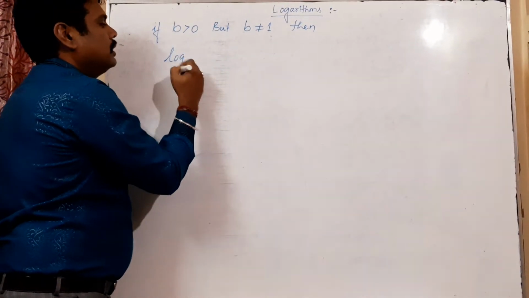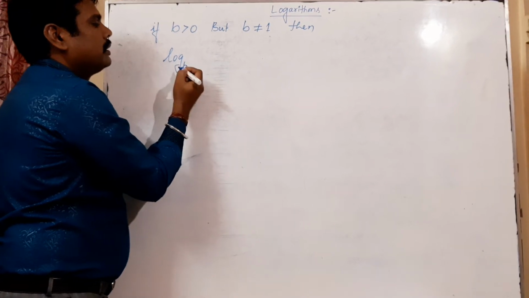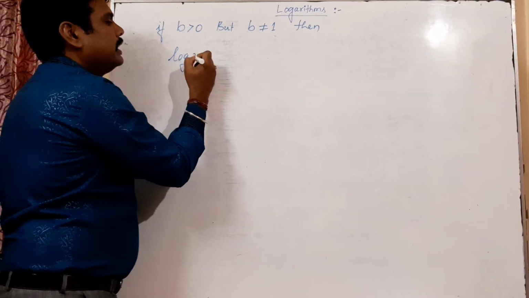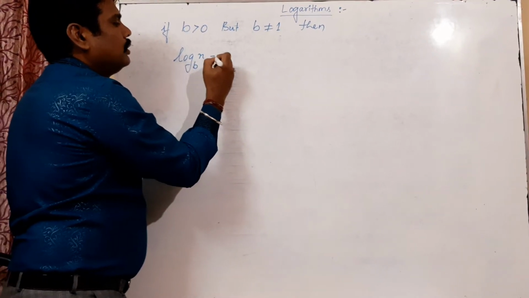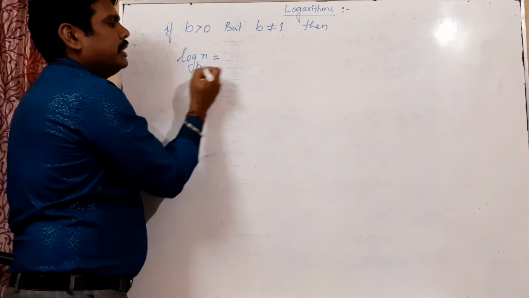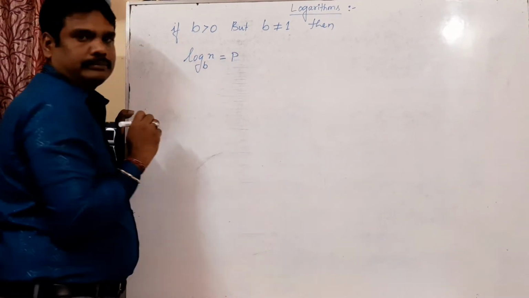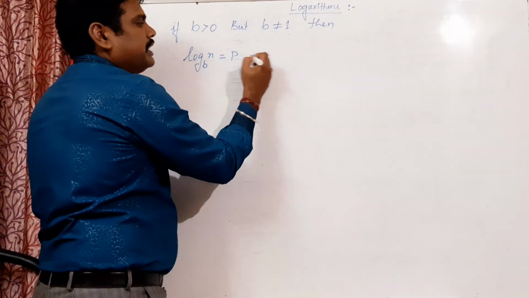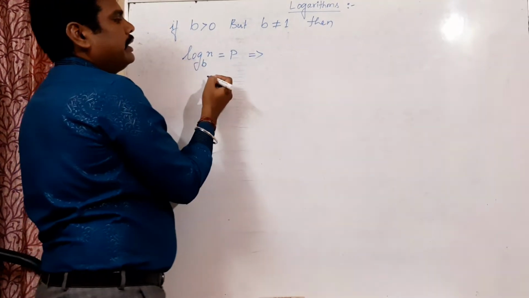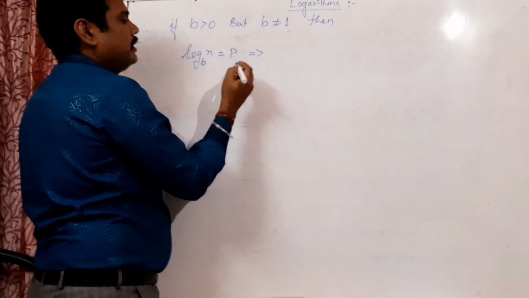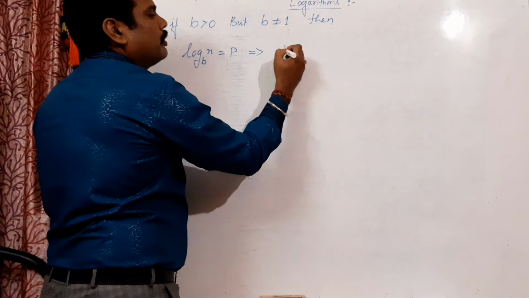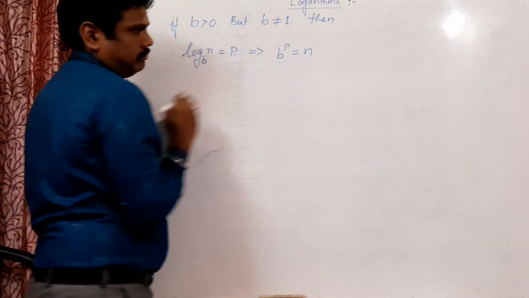Log n to the base b is equal to some value, we can say p. Which implies it can also be written as b to the power of p is equal to n.